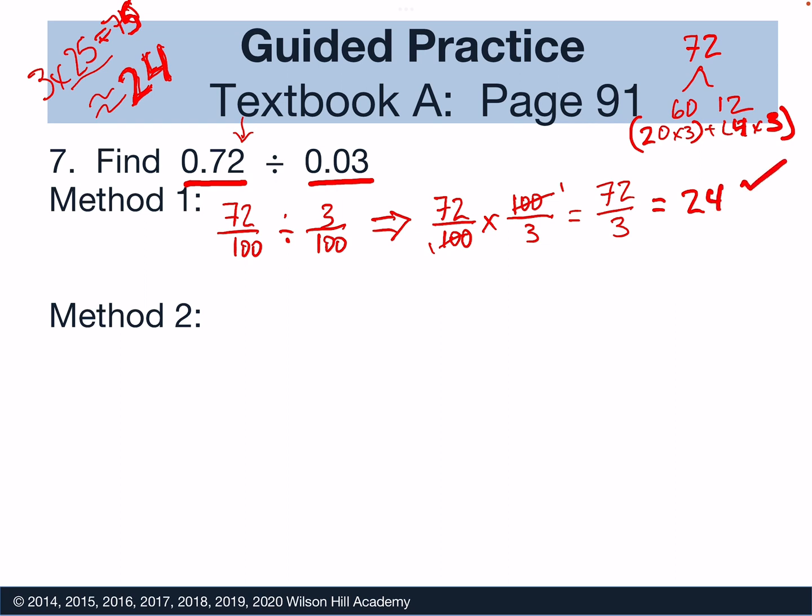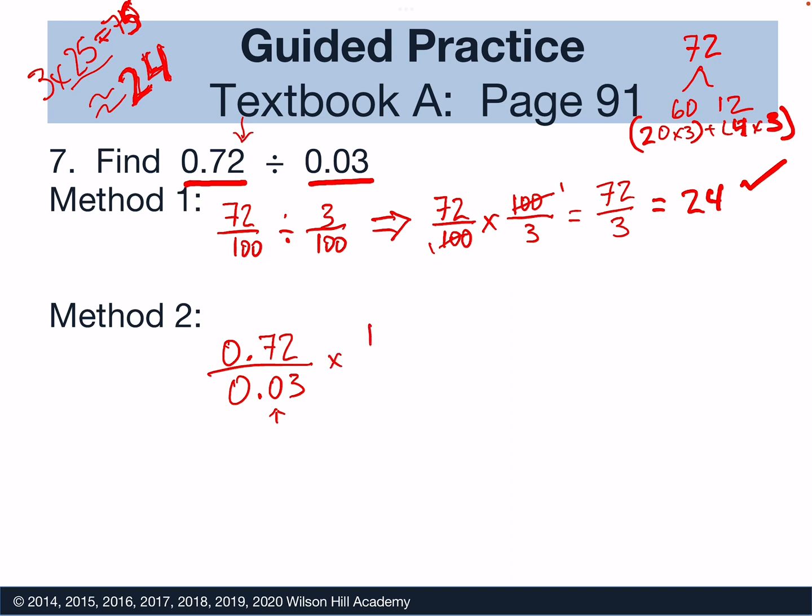All right. So now we're going to try method 2. And method 2, of course, is that we need to make the denominator or the divisor into a whole number. So our division problem is 72 100ths divided by 3 100ths. Don't forget the 0 when you copy down your problem.